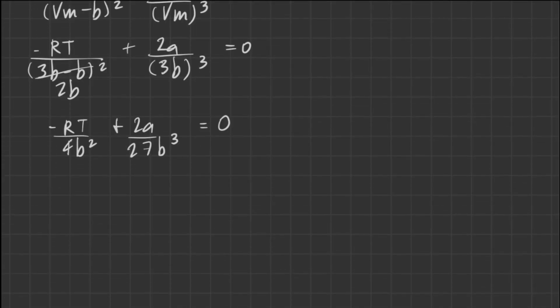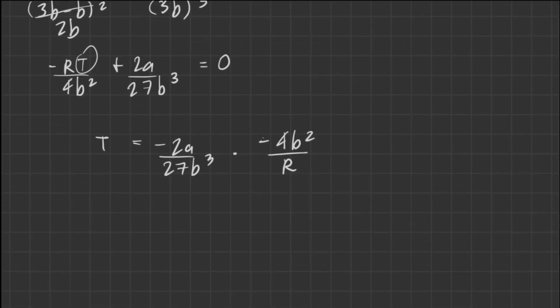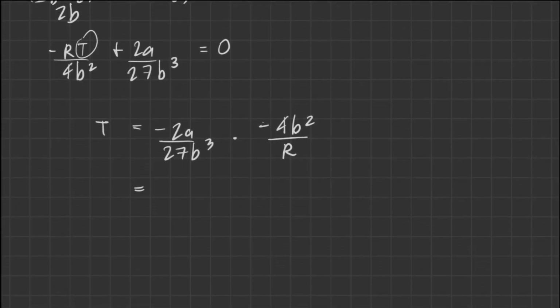Okay, so now we solve for an expression for T. So that's equal to negative 2a over 27b cubed, multiplied by negative 4b squared over R. So let me just combine those two terms.